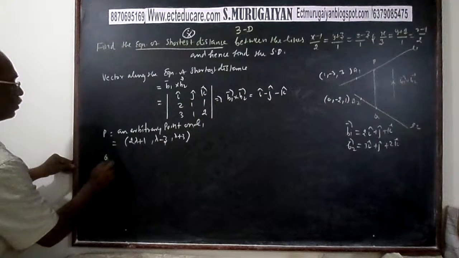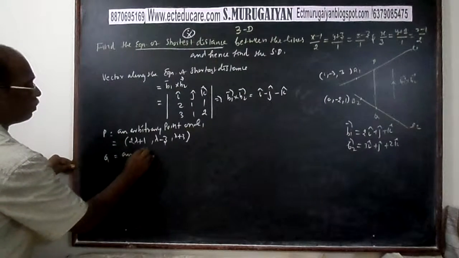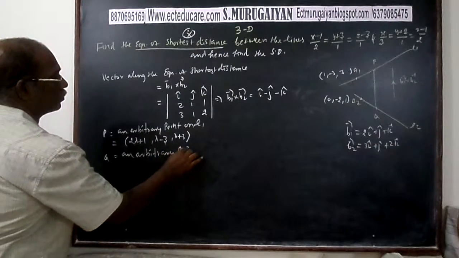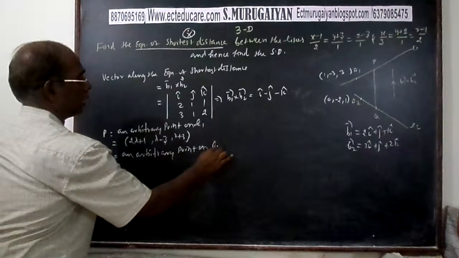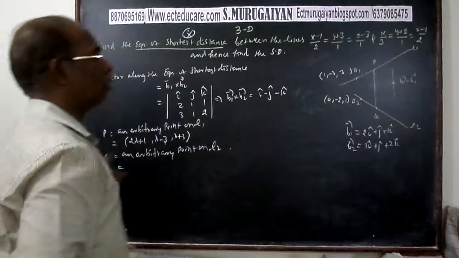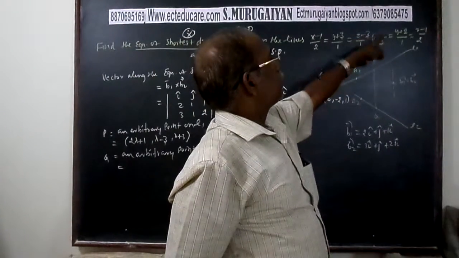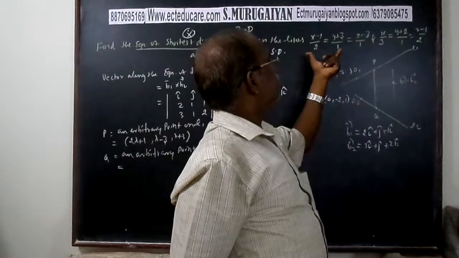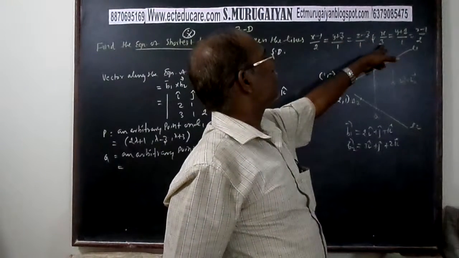Similarly, Q is an arbitrary point on the second line. Now x is proportional to 3, which means x equals 3 times a proportional constant; to avoid the same constant we can use mu.